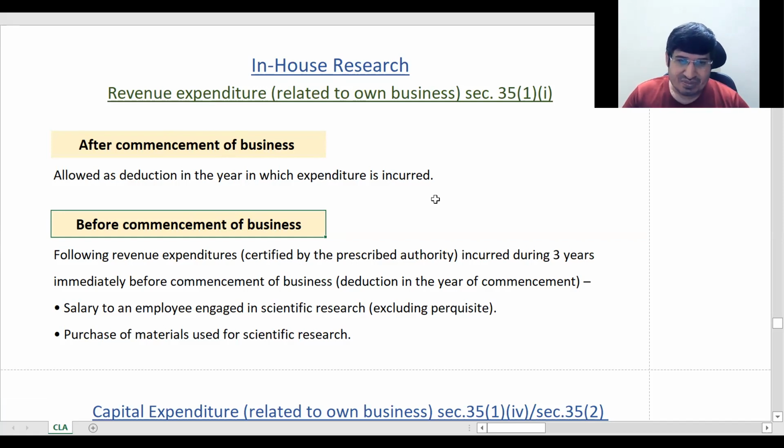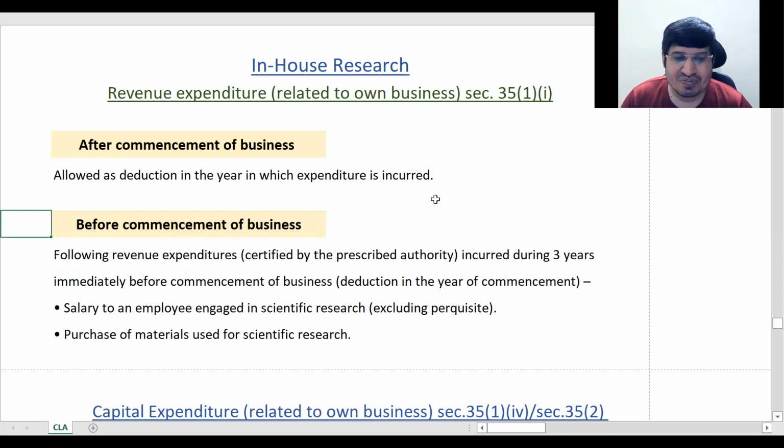And for what expense you get this? You get it for salary of research employee and purchase of materials for scientific research. So as I said, material and labor. You only get for material and labor, and expenditure has to be certified by prescribed authority.